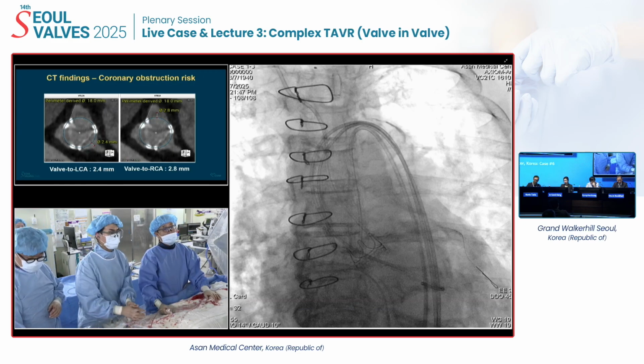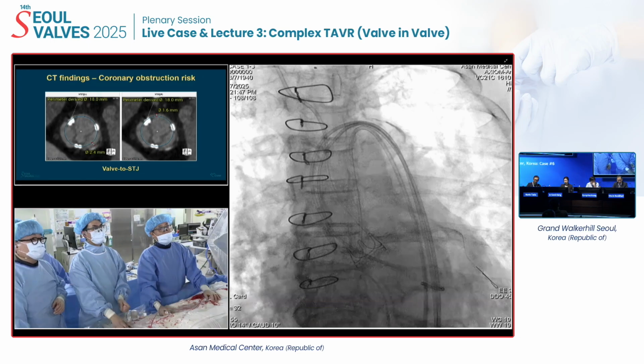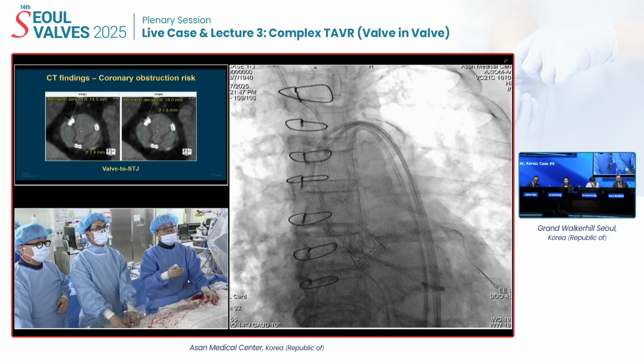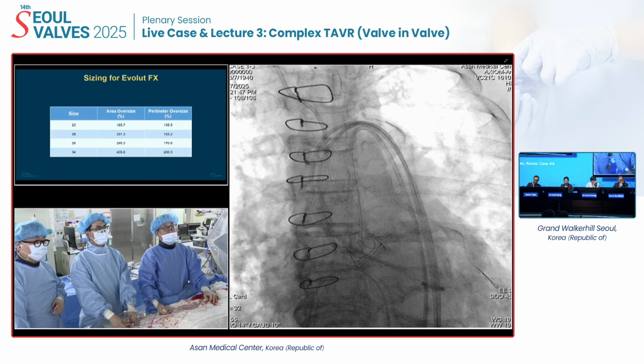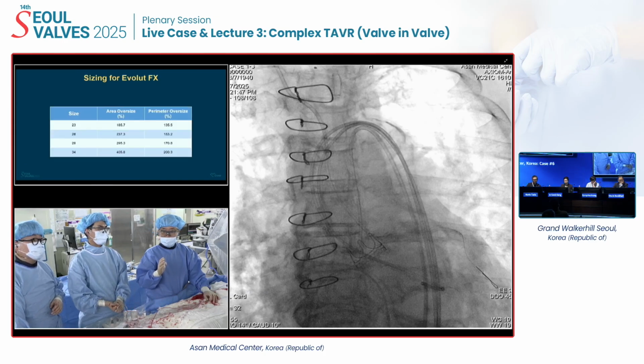Also, next one, the sizing matter. This initially has a very small size of the surgical valve, so it is not suitable for the SAPIEN valve. And the next one, sizing chart. Even though we planned the SAPIEN 20, there was more than. The sizing doesn't matter. The only available option is the Evolut system.